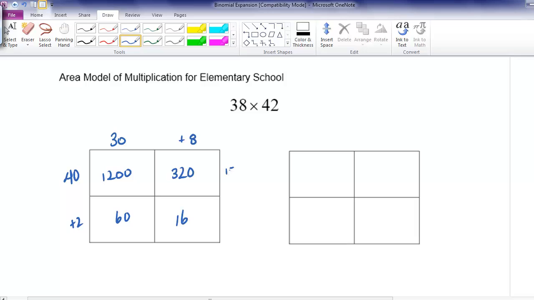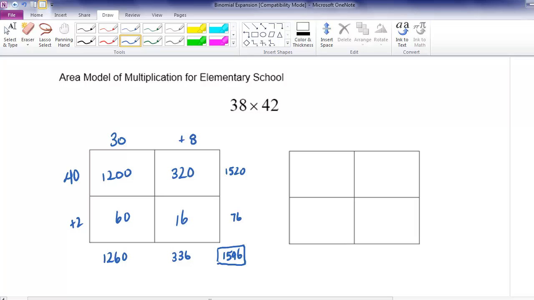What they could then do is figure out the total of these two upper sections of our rectangle and these bottom, or they can fill in each column. Either way, what they're going to determine is 38 times 42 is equal to 1,596.